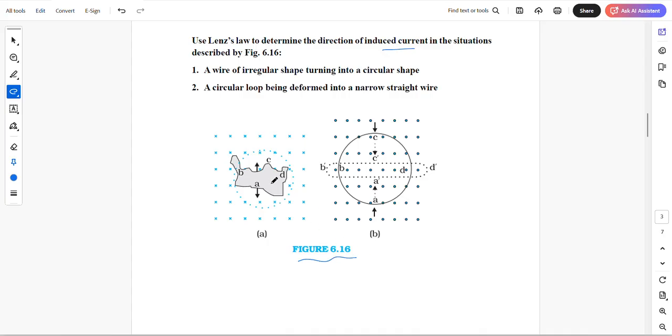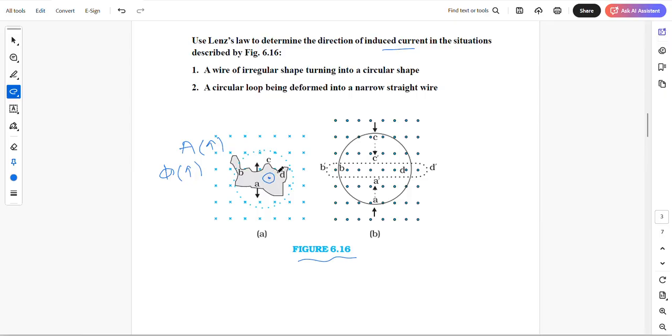Here again, what is happening? Area is increasing here. Therefore, flux also increases. So it will produce a magnetic field which is of opposite direction.